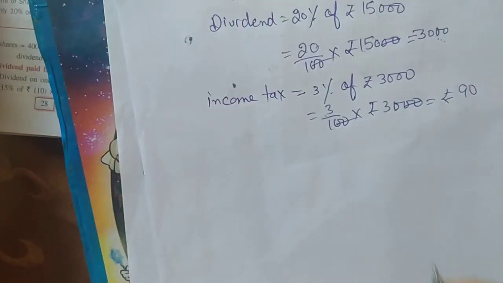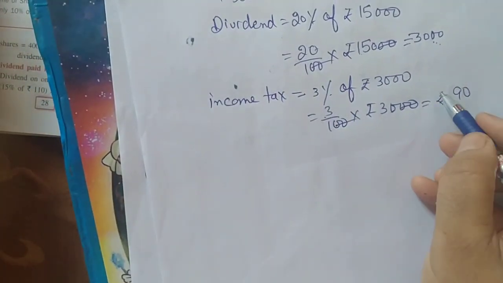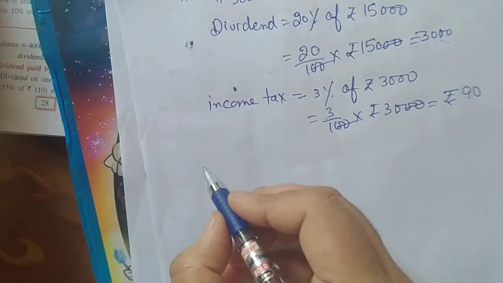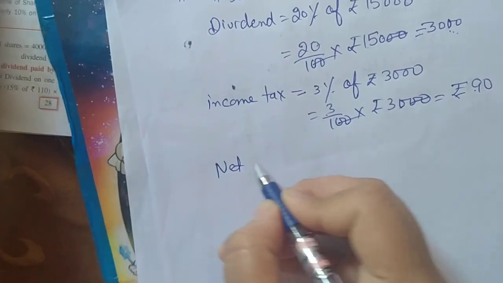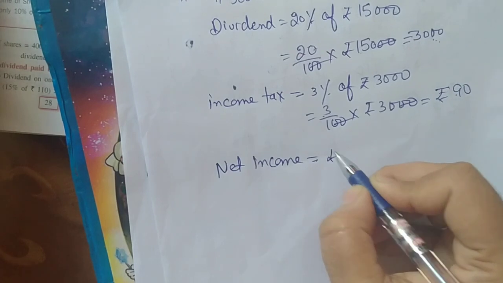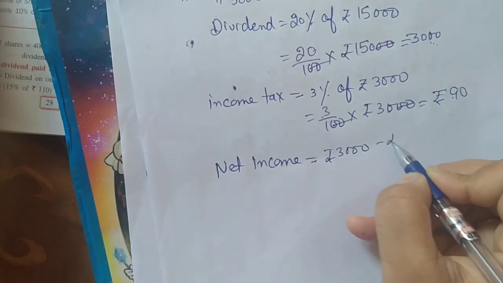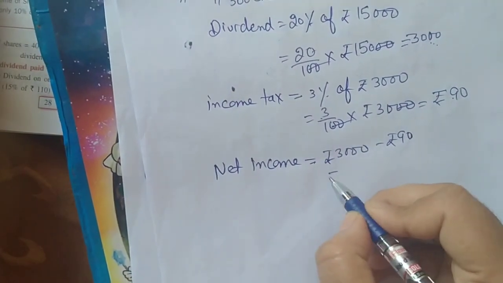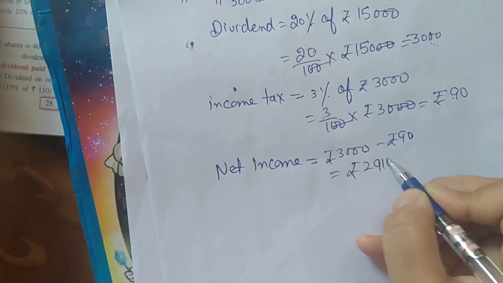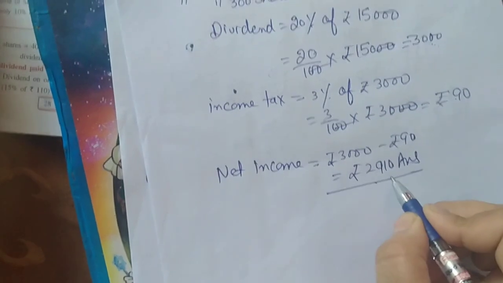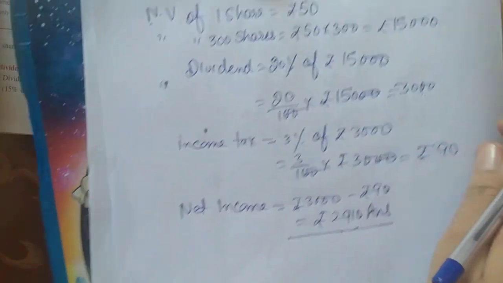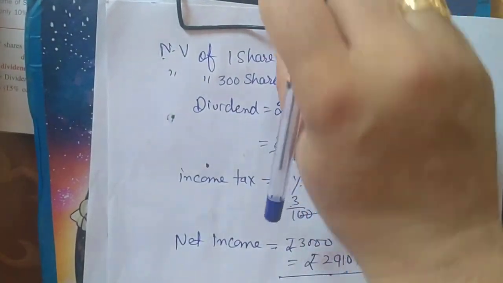Net income, because this amount they have paid in the form of income tax to the government, is rupees 3,000 minus rupees 90. When we subtract, we get 2,910 as the answer. So this is the net amount given to the man.